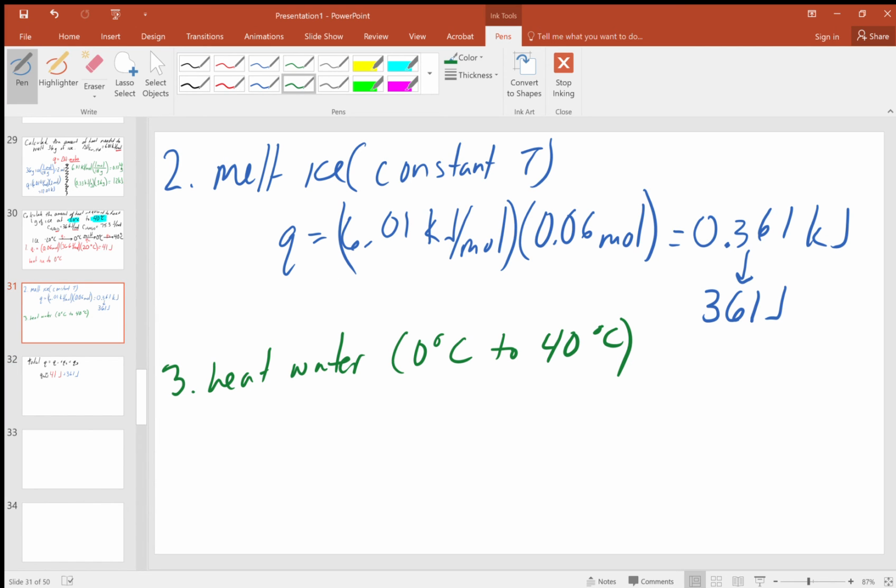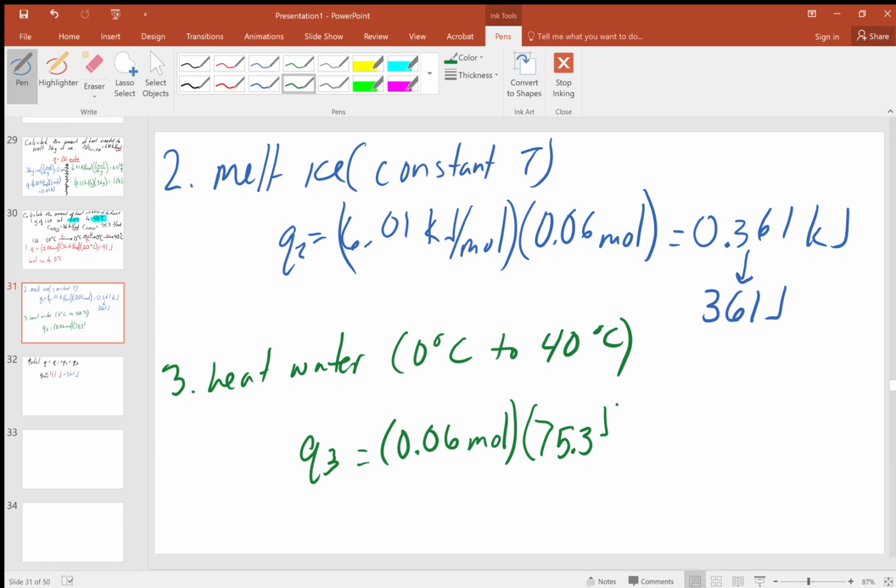Finally, our Q3, we're going to calculate just like we did Q1. The only difference is because we're now heating liquid water as opposed to solid water. As we saw when the problem was originally written, we have a different value for our specific heat capacity.